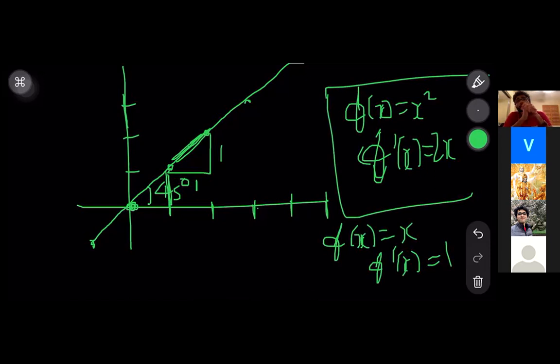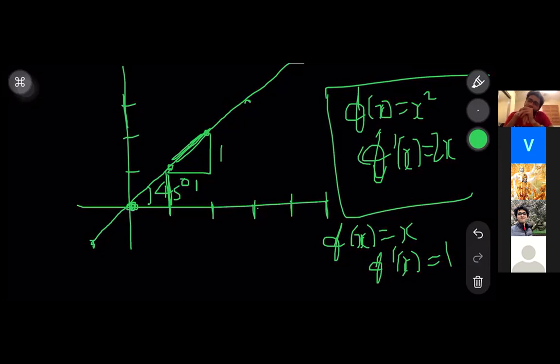Well, the first thing that strikes me here is that in the first problem, even the slope has x in it eventually. The slope is 2x. The slope is not 2, it's 2x. But over here, the slope is 1.